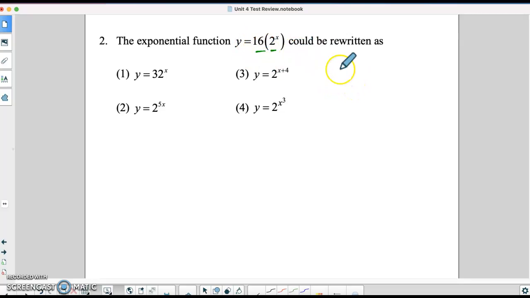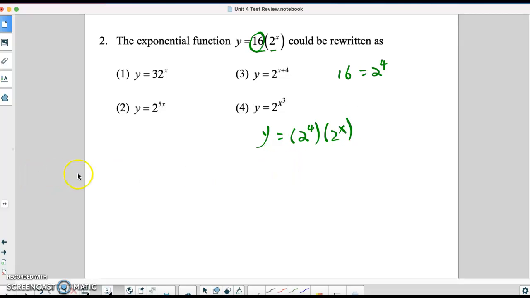We can rewrite 16. Think about the base 2. You can write it as 2 to the 4th power. Now you have 2 to the 4th power to replace 16, and let's just bring down the other half, which is 2 to the x power.